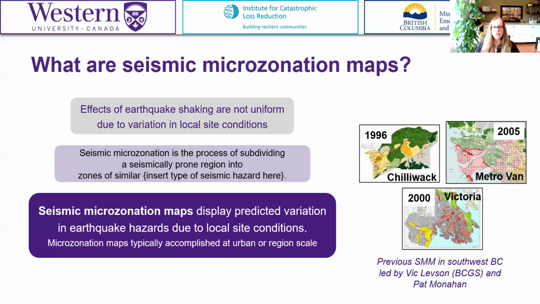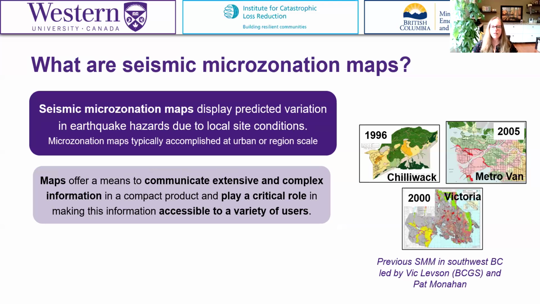And so when we're doing seismic microzonation, our purpose is to try to make maps or zones on a map that identify it's going to be similar shaking here because the subsurface ground conditions are similar, and it's going to be different from over here because those ground conditions are different. And so that's simply what seismic microzonation maps are trying to convey, is that these zones or areas in which the earthquake hazards are similar but different from somewhere else.